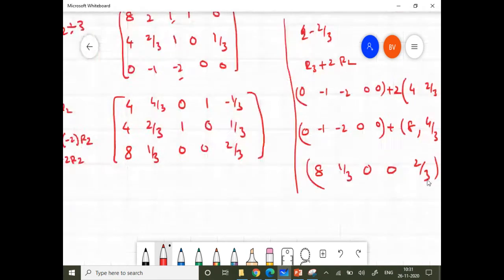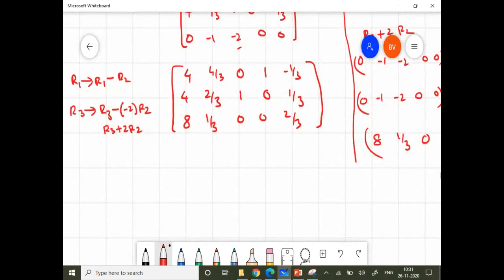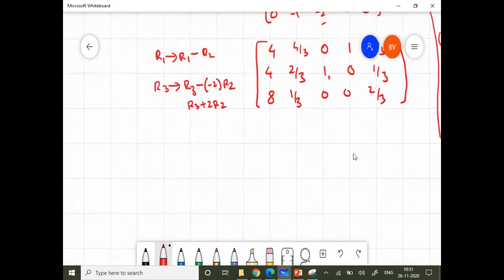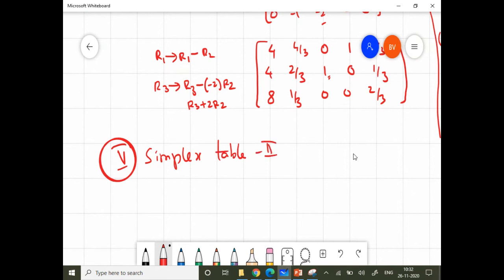Once the reduction is done for the particular column, the leading element became 1, and above and below elements are 0. So this is going to be used in the next simplex table. That is our step number 5. Simplex table 2.